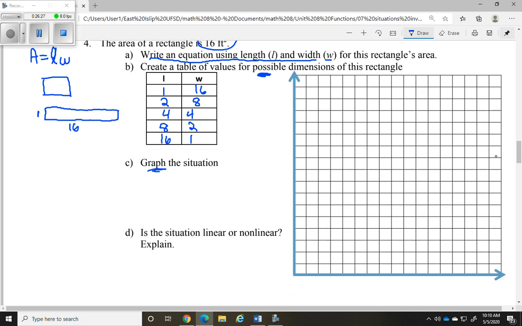So notice I have to get up to 16. Let's put the length on the horizontal axis, and let's put the width on the vertical axis. And if I want to get to 16, I have to go by ones. So here is 0. This is one big first quadrant. To label it and not get too squishy, I'm going to call this first mark 1 and the second one 2, but only label every other so I don't get too squishy.